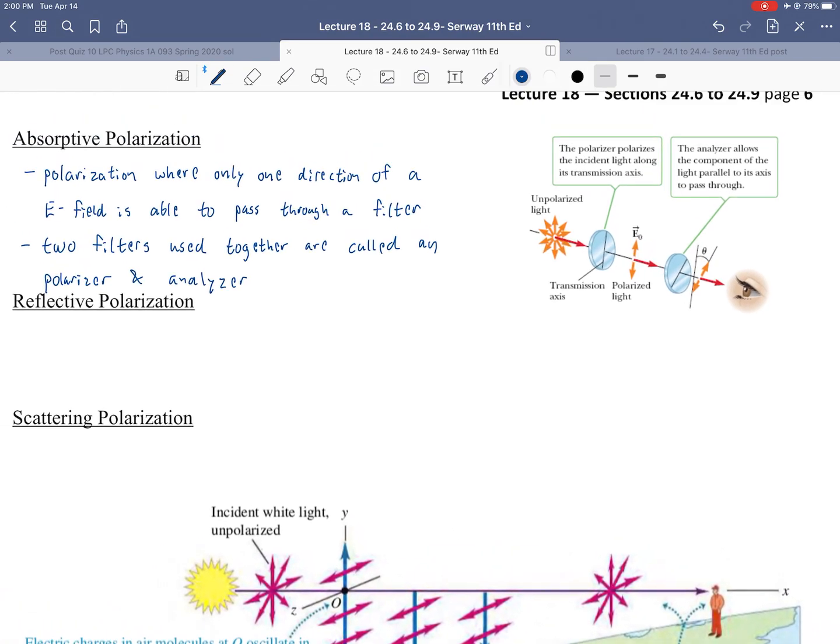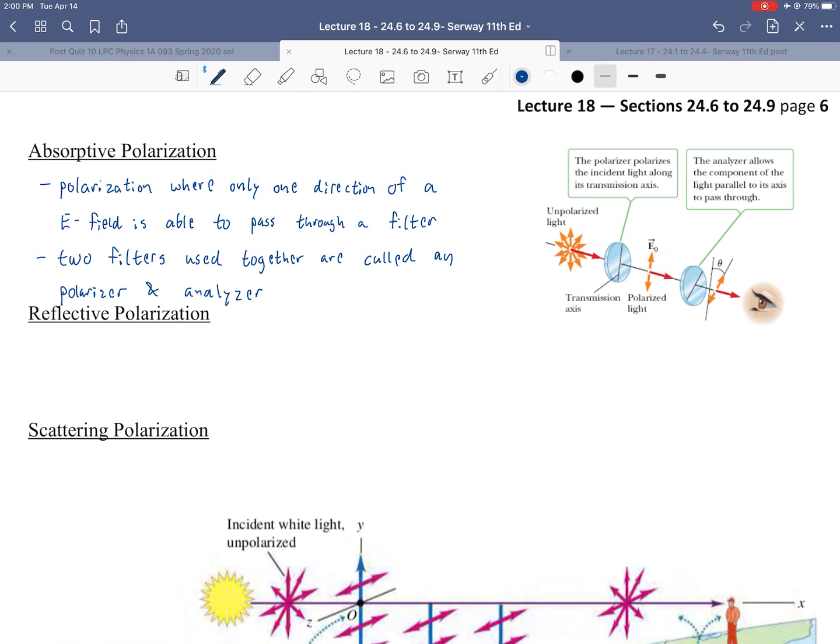Those are just the names given to them. They're both filters. They both work on the property of absorptive polarization, but they're commonly called the polarizer and the analyzer, which I know is kind of a bit of a misnomer, right? The naming is strange. I always find it strange, but those are the names given to them, and we'll use them. Okay, so filter, polarizer, analyzer, these are all interchangeable terms, but when you have a combo of them, call them a polarizer and an analyzer.